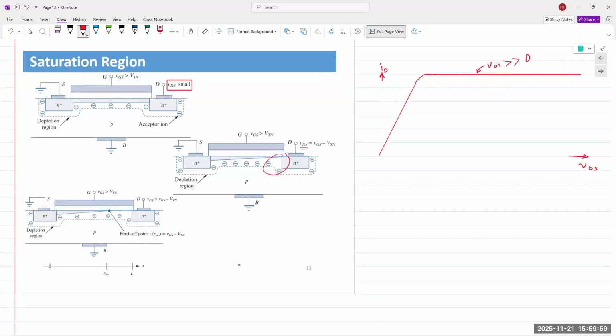Because of that, at a certain point the channel is going to start to shrink. The channel shrinks, and here the channel pinches off.